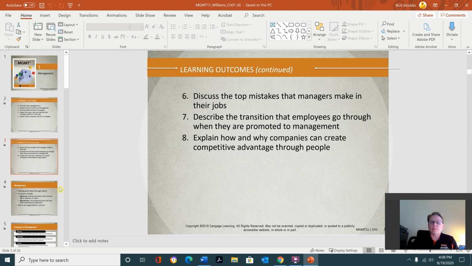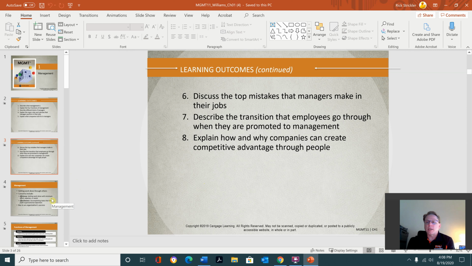So when you read the chapter, do the exercises, do the quiz and the assignments, then you should be able to answer all 8 of these. I don't have time at this point because I'm limited to less than 15 minutes, and because you probably won't watch it all anyway, to go through all 26 of the slides.